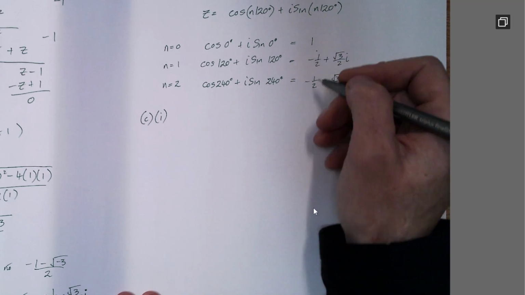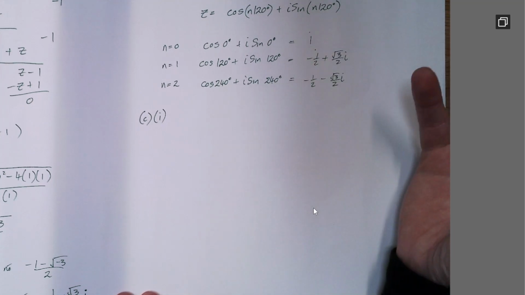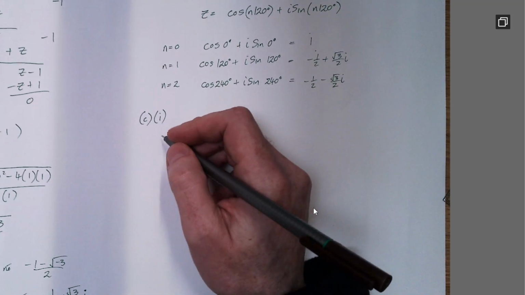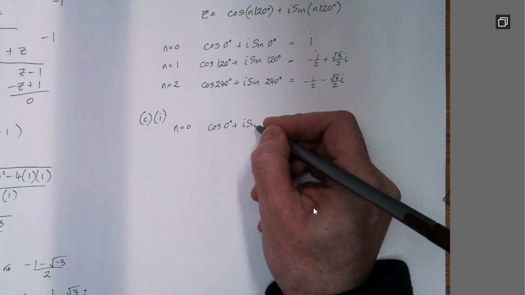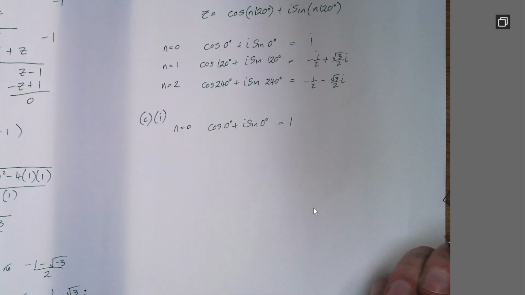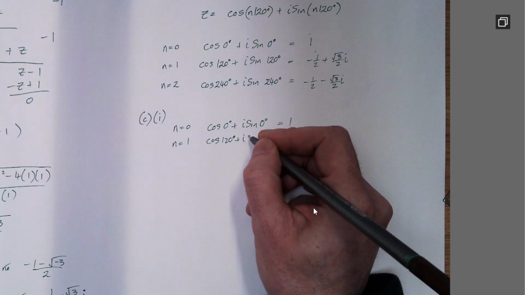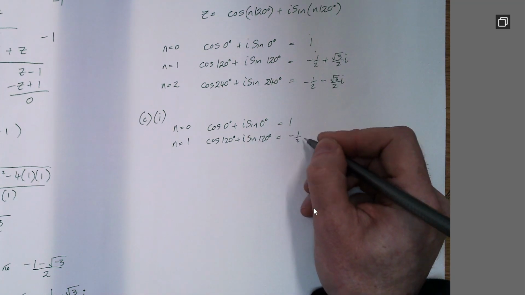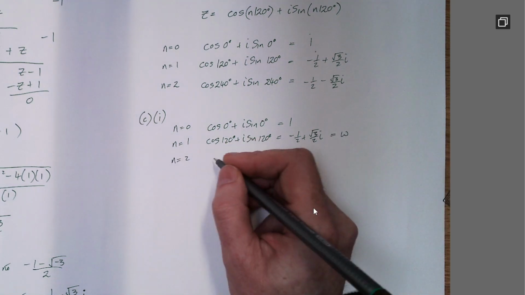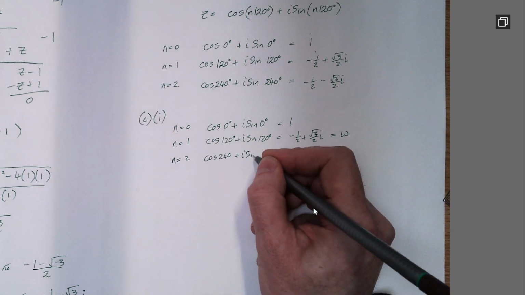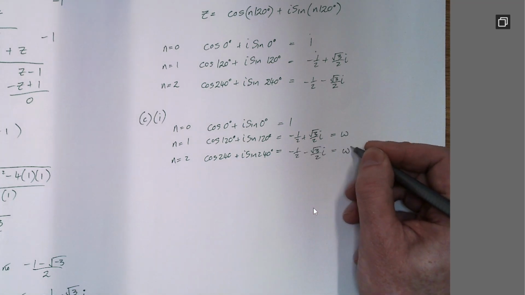Now, the three roots again. The first is cos 0 degrees plus i sin 0 degrees, which is 1. The second is cos 120 plus i sin 120, which is minus a half plus square root of 3 over 2 i, which is omega. The third is cos 240 plus i sin 240 degrees, minus a half minus square root of 3 over 2 i, which is omega squared.